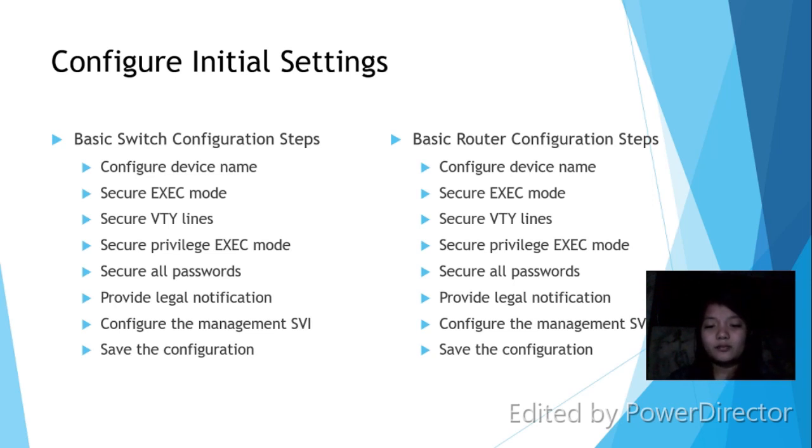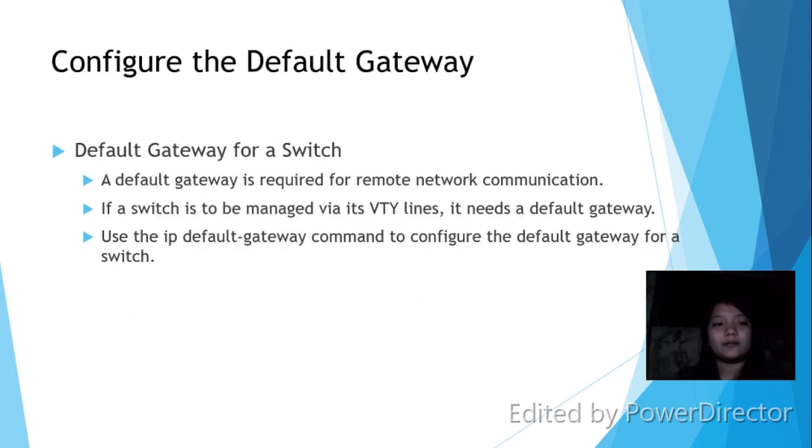The difference is that in the router we use GigabitEthernet 0/0, 0/1, and so on. In the switch it is the interface VLAN 1. The rest are the same commands.